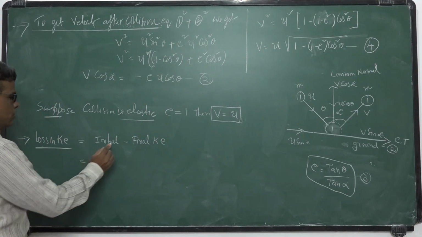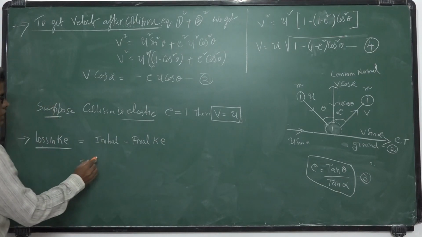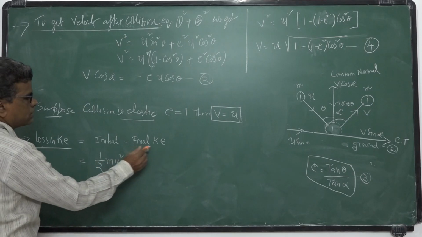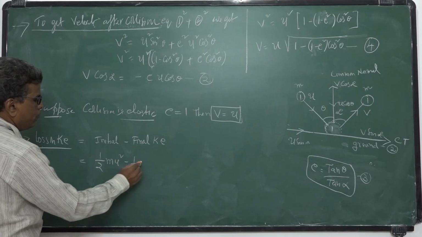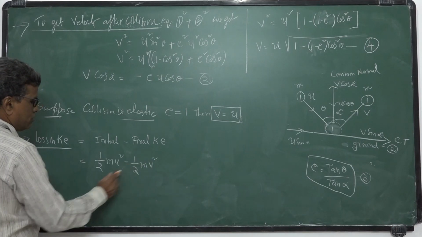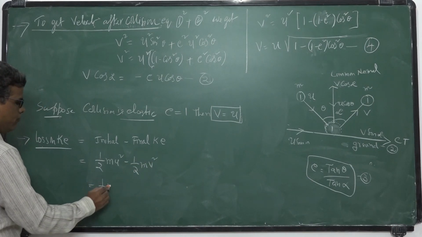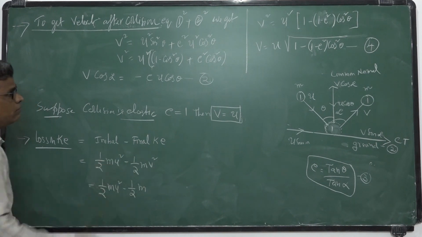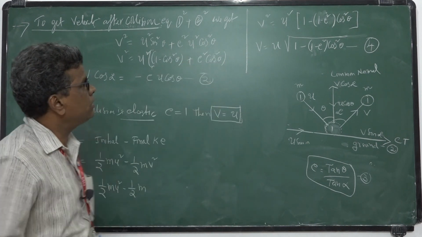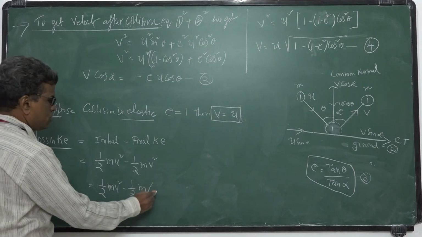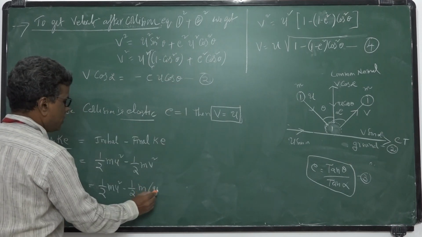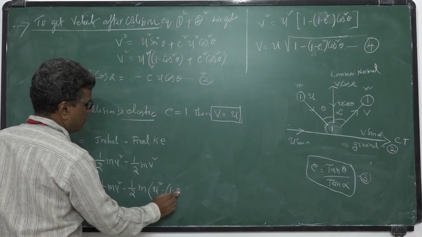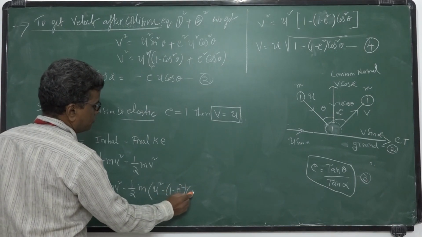Initial is half m u square minus final is half m v square. Instead of v, the velocity after collision, I will write v square as u square into 1 minus e square cos square theta.